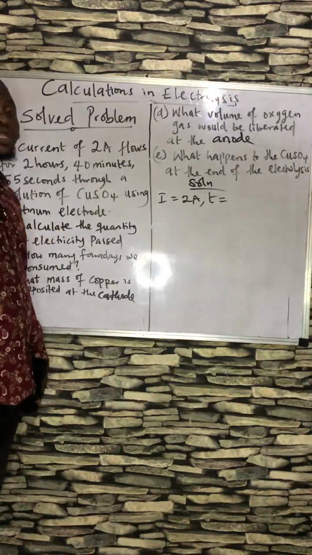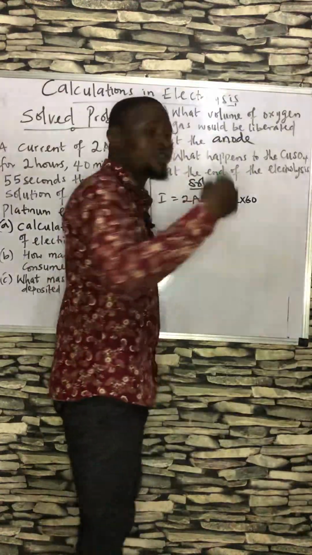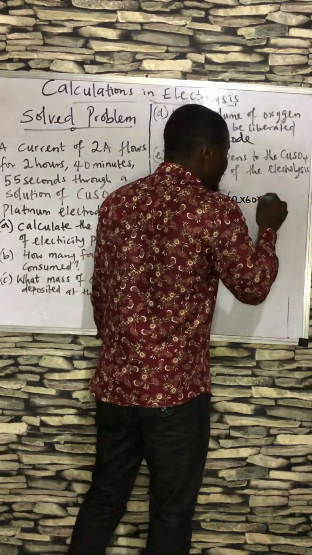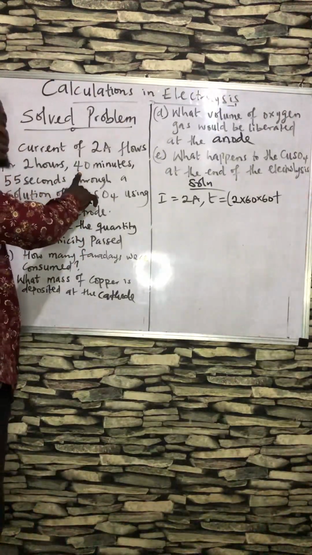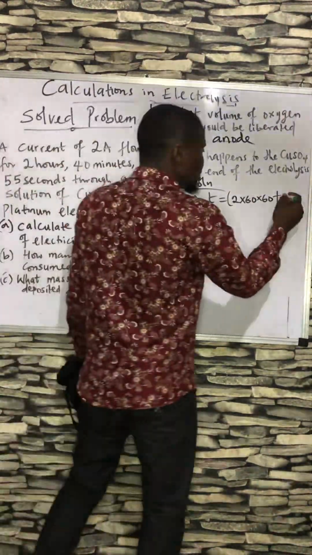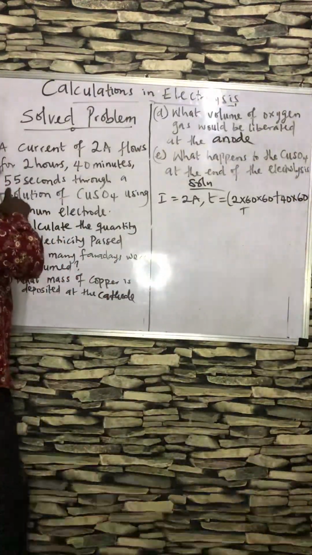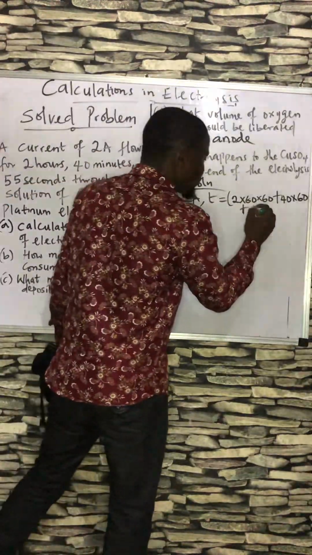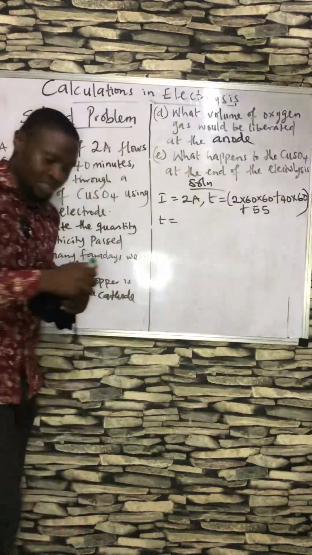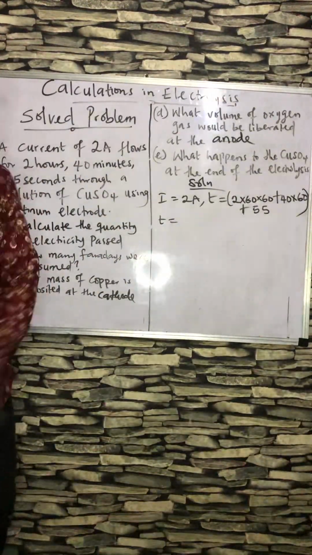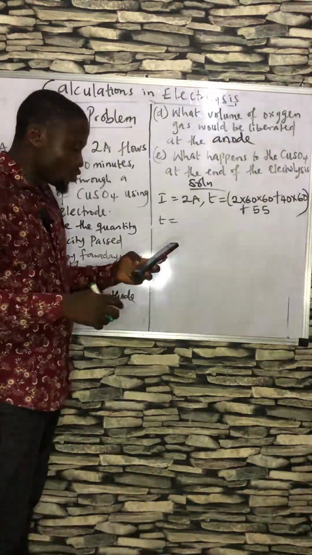To get your 2 hours to minutes, you multiply it by 60, and then to convert it to seconds by another 60. All right, plus 40, this is already in minutes. To go down to seconds is going to be times 60, then plus the other one that is already in seconds, plus 55 seconds. If you do that properly in theory questions, this step would always fetch you its own mark.